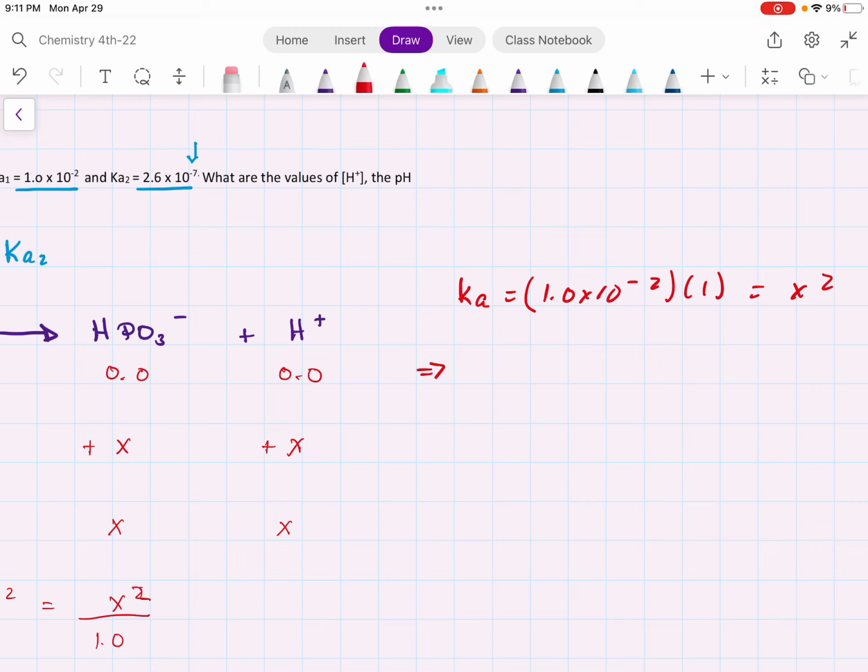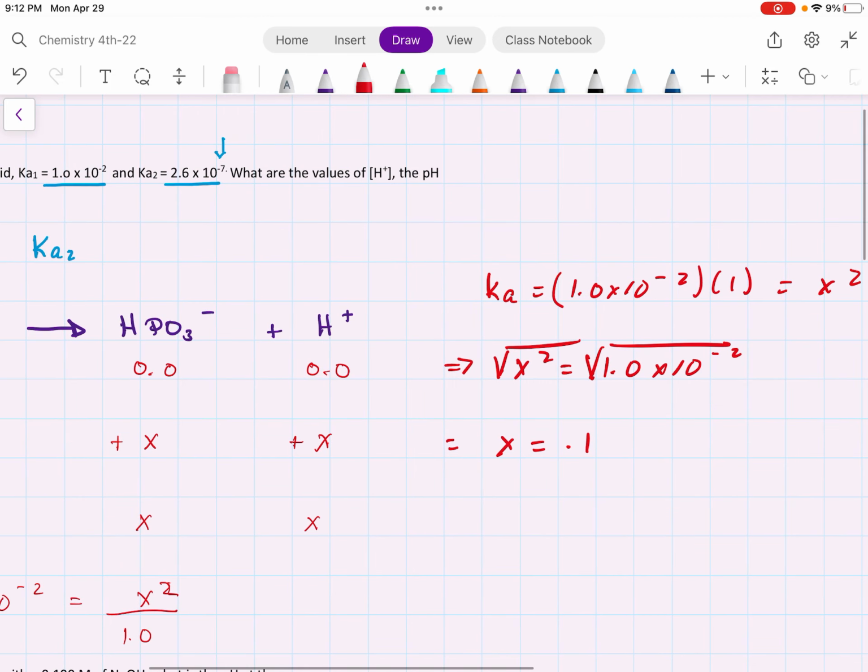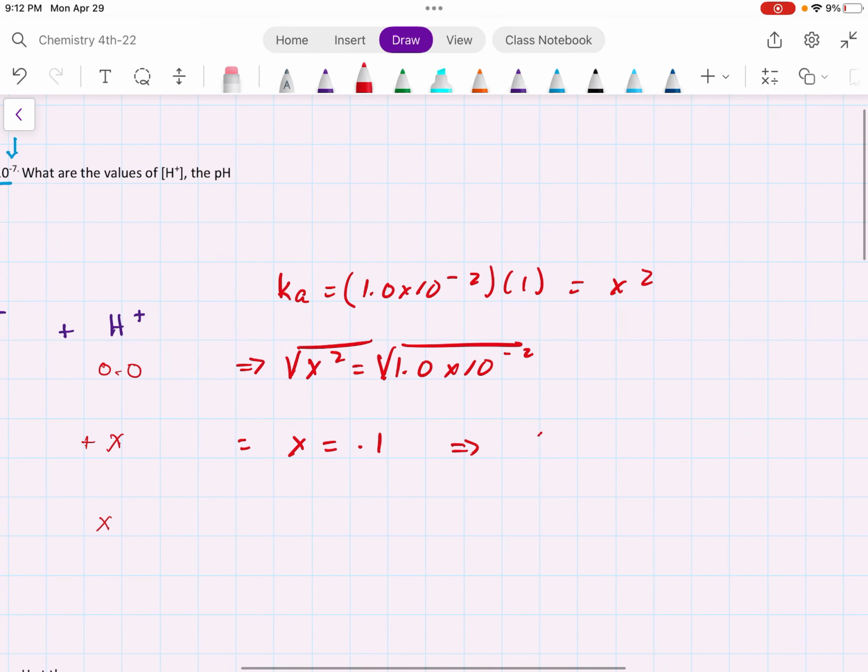Therefore, if I have that x squared is equal to 1.0 times 10 to the negative 2, and I take the square root of both sides, I'm going to end up with x equal to 0.1. Now we know the value of x. Both of these represent x, so then we know that the molar concentration of hydrogen is 0.1.